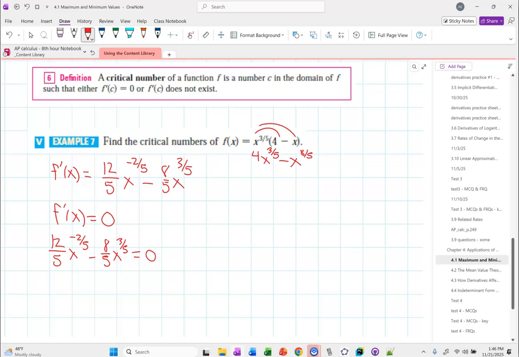Just correcting algebra: could 12/5 times x to the -2/5 be 12 over 5 times x to the 2/5? Sure. Does that help us any? No, but I'm just making sure. Yes, that's the equivalent statement. For sure.